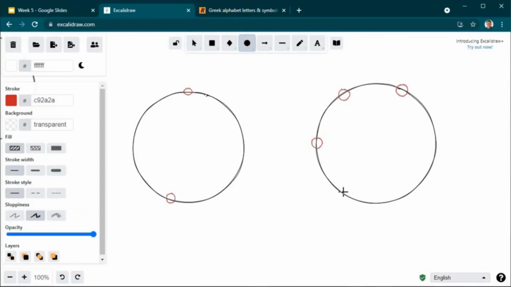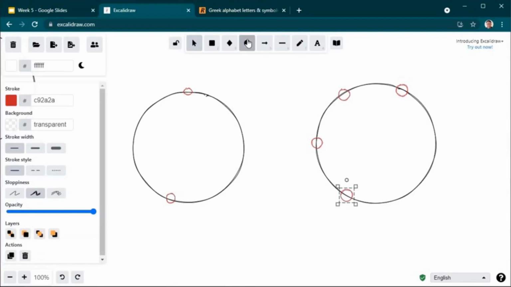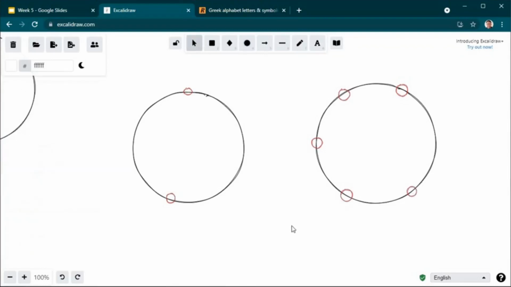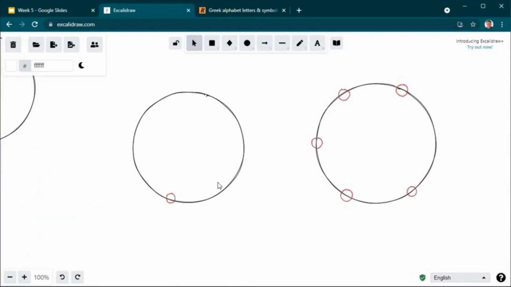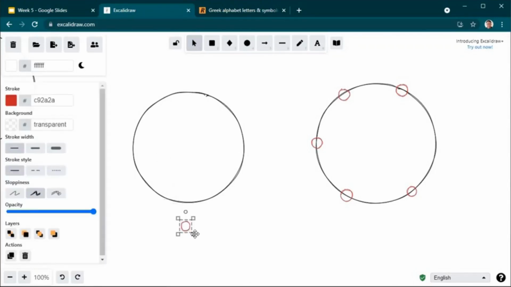For example, this one has an excess electron. When we say excess electron, if this electron will be gone, this one should be more stable.